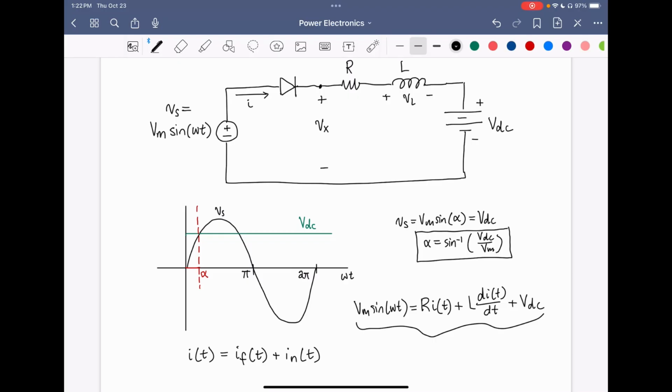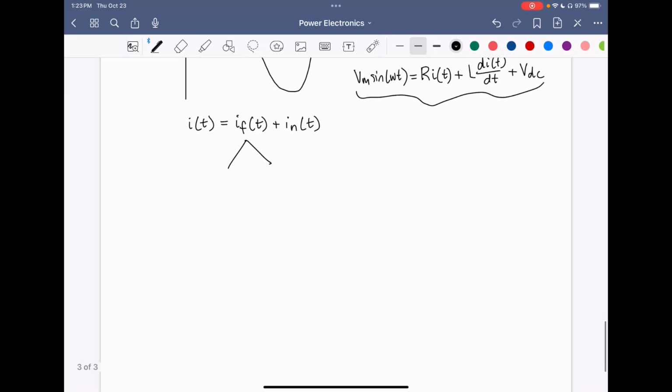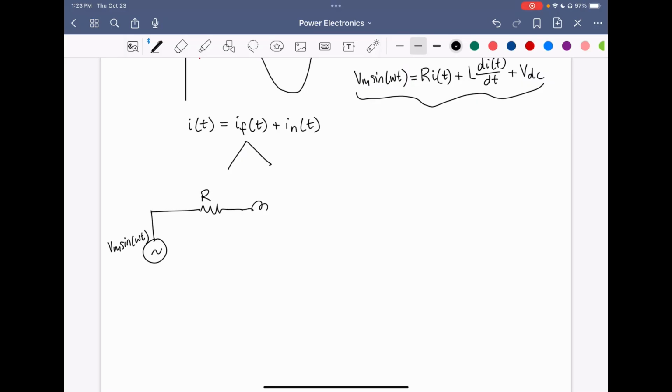So for the forced response i_F, by itself, we can use superposition to break down i_F into two parts. The first part will be from Vs. This Vs is Vm sine omega t, and it's driving the resistor R and inductor L. In this case, VDC is going to be shorted. This is by superposition; we're just considering one source at a time.